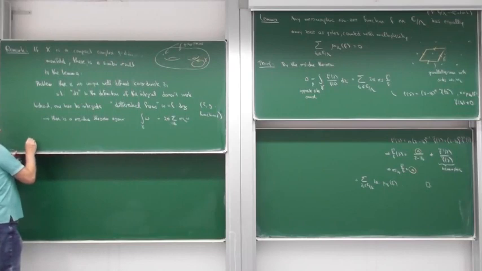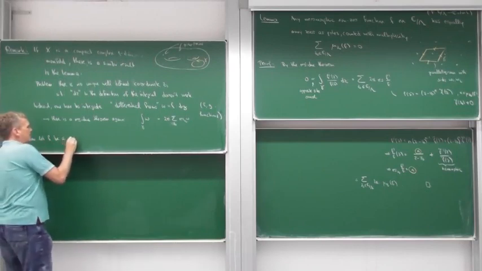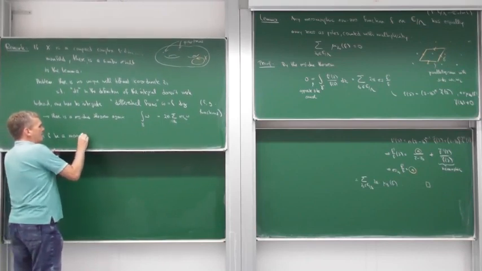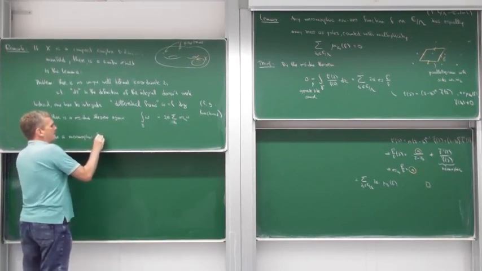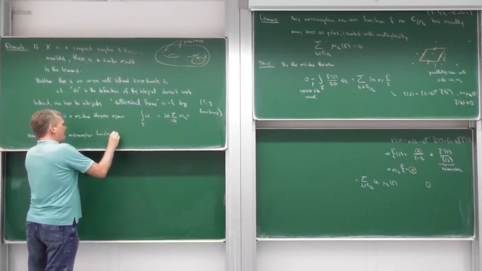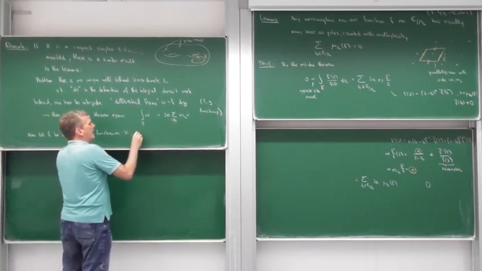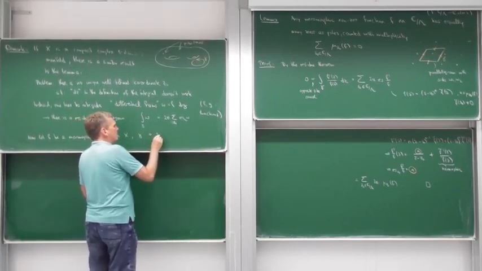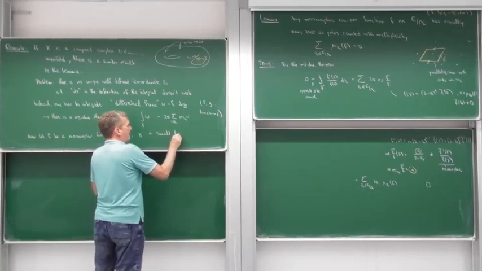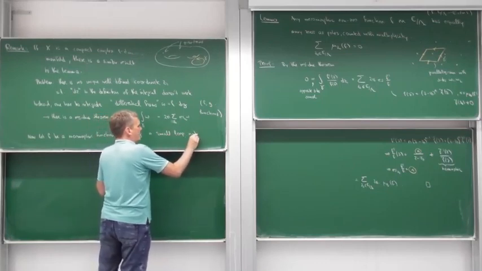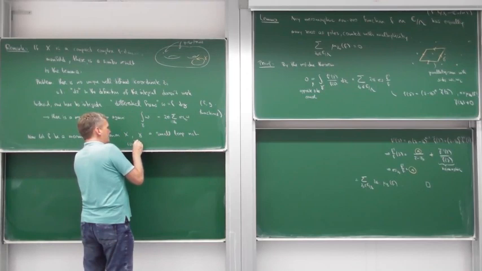Now, let's say that f is, in the same way as before, a meromorphic function on X and gamma a small loop not containing any zeros and poles.